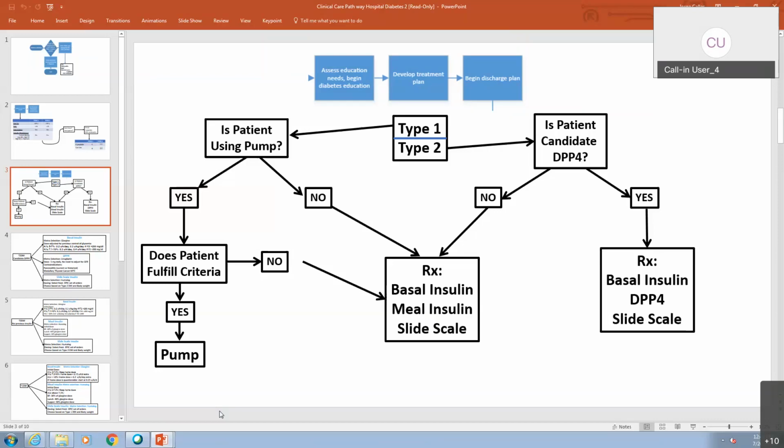Per day. 100 kilos, guys. Type 1. For the type 2, how much would it be? 100. 1 times 100 is very easy math, right?